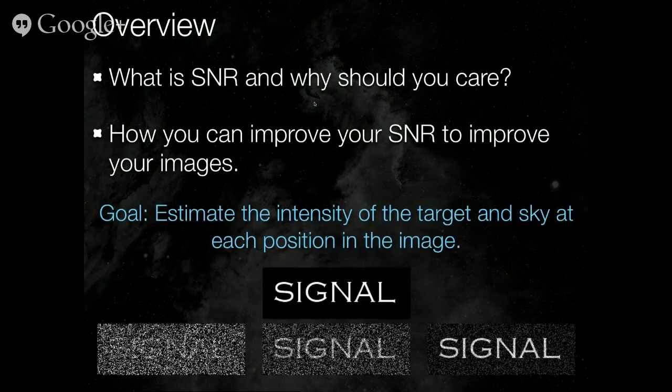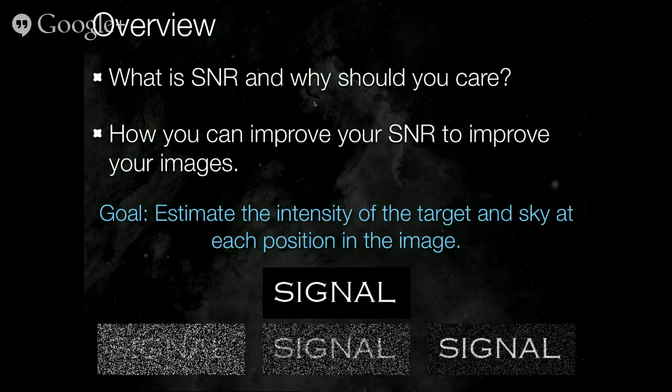Because if we really think about what's going on when we take our images, you open up your camera, you've got a telescope hooked up to it, and each pixel covers a little tiny swath of sky. Maybe it's an arc second by an arc second worth of sky, maybe it's 3 arc seconds by 3 arc seconds, but no matter what, you're covering some portion of the sky with every pixel.